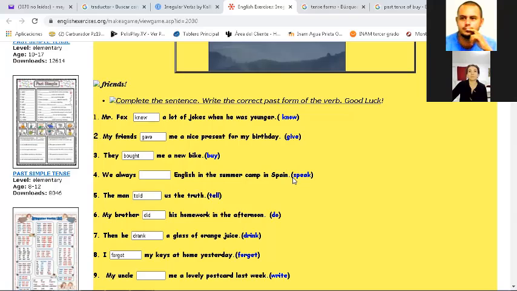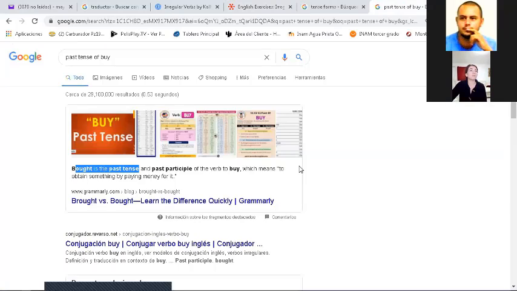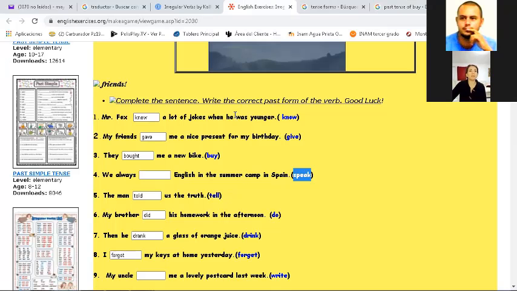Now, let's do one more sentence. Here we have the verb speak. You know what? I'm going to give you 30 seconds, guys, to find the correct answer for this. Go to Google and find the past tense of the verb speak.